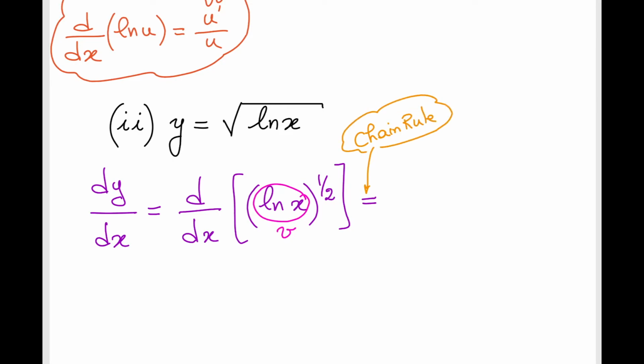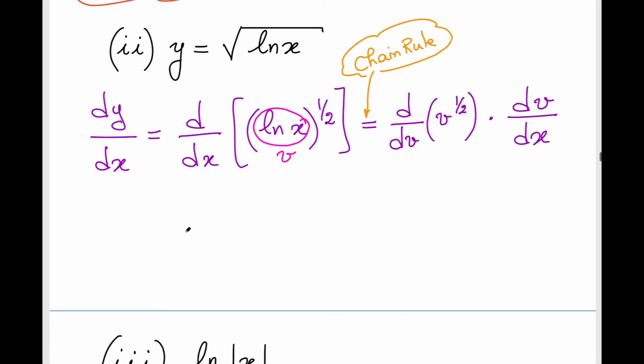We have a property that we developed before. This is the chain rule combined with the power rule, but let's do it again. We get d over dx of v to the power half, sorry, not x, I'm using the chain rule, so this should be v. I'm differentiating with respect to that thing, ln of x. So d over dv, and then I'm multiplying by the derivative of v with respect to x.